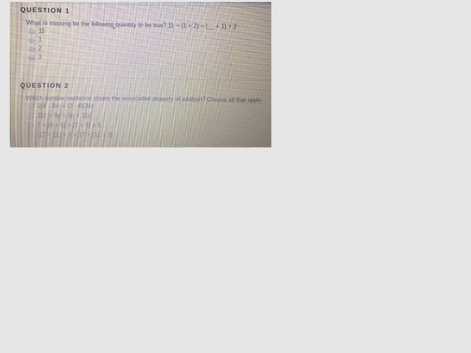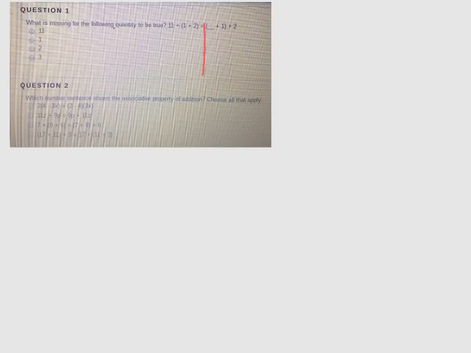Here is problem number 1. What is missing for the following quantity to be true? Notice that they have 11 plus 1 plus 2, and there's parentheses. I recommend that you always put a line down your equal sign so you can look at this clearer.